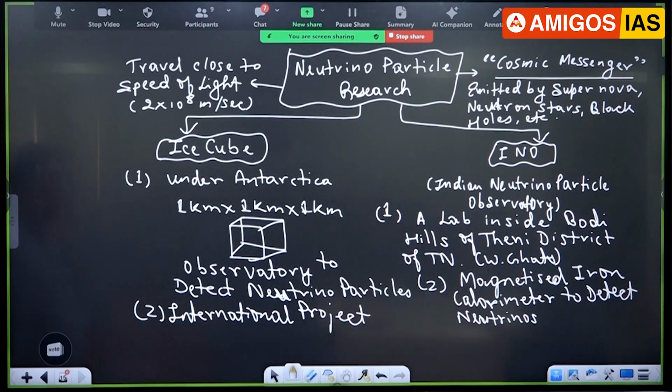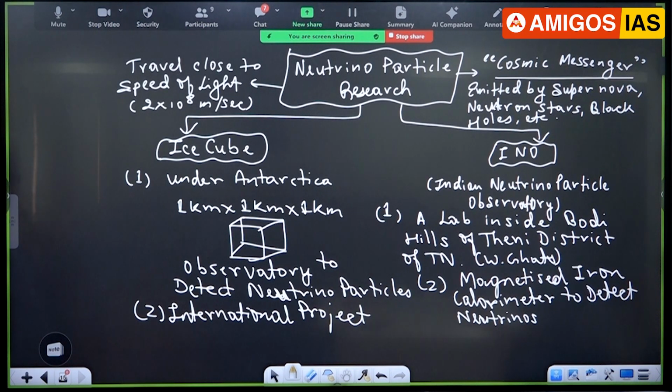Magnetized iron calorimeter to detect neutrinos. It will have a magnetic field. Hundreds of them will create layers, sheets of iron plates. So when the neutrino crosses through that, it will slow down and be detected to understand the universe.